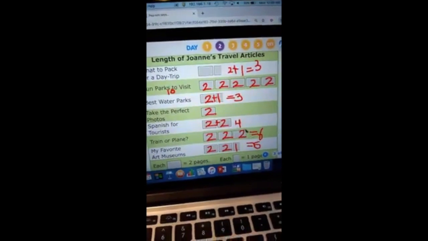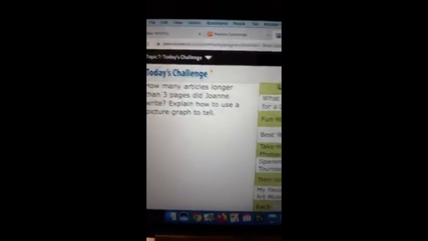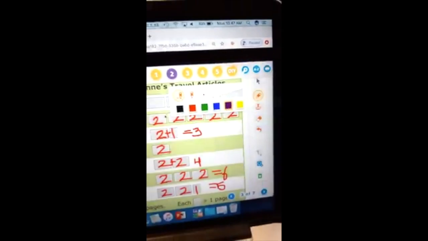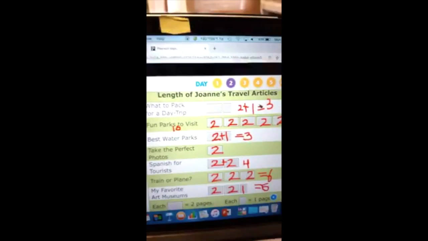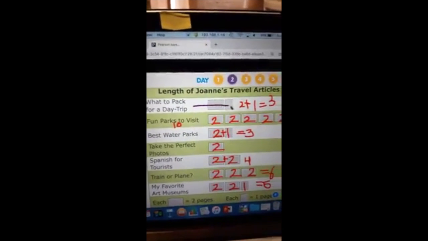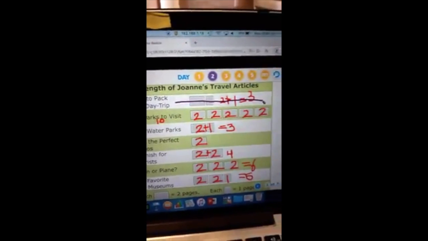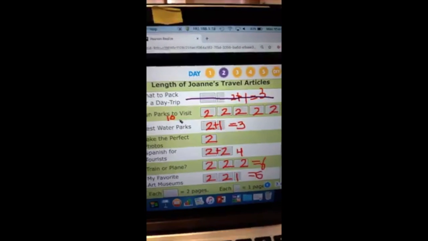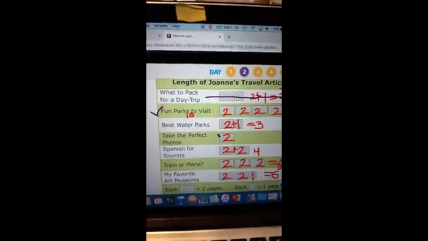So now the problem asks me, how many articles longer than 3 pages did Joanne write? I'm going to go back to my pen. I'll use a different color. If what to pack for a day trip is 3 pages, it's definitely not more or longer than 3 pages. So I'm going to cross that out. If this is 10 pages, then this is definitely longer than 3 pages.